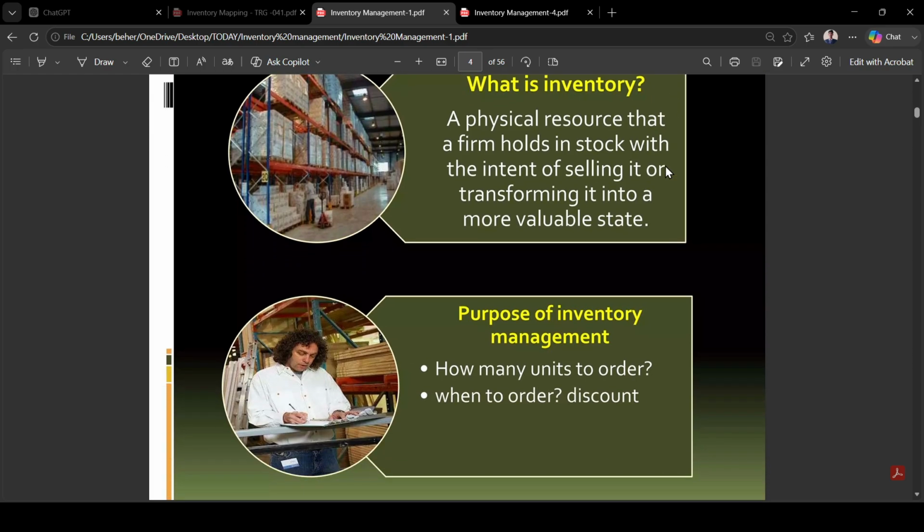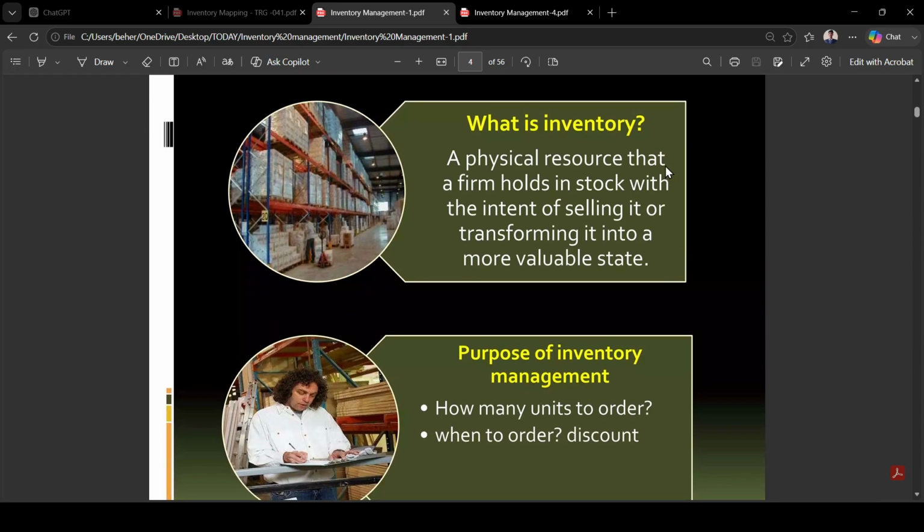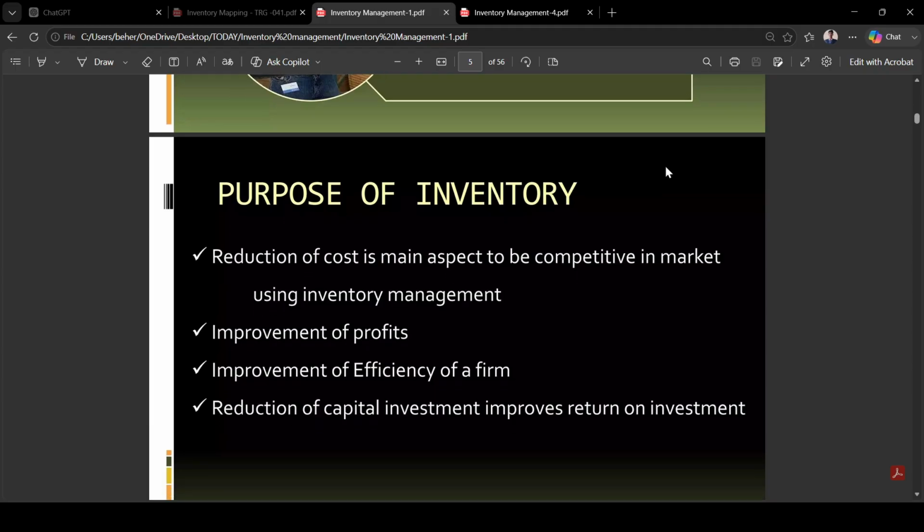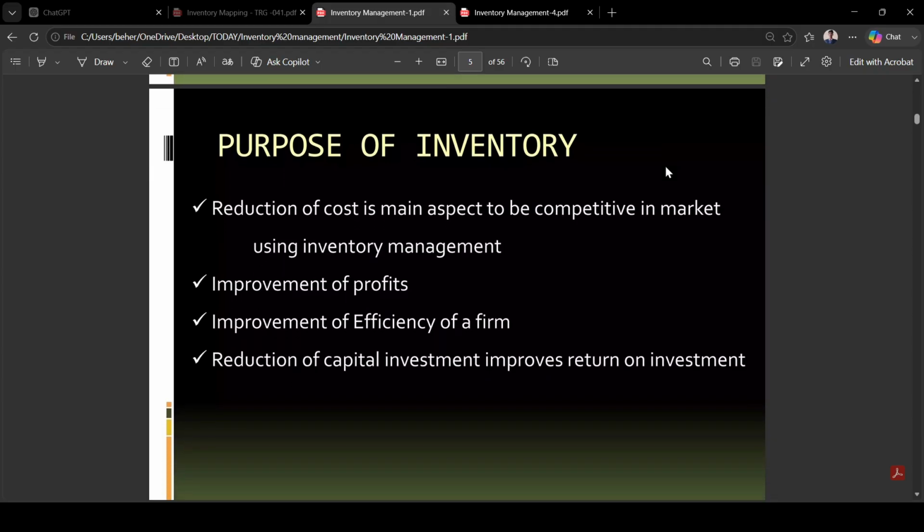The purpose of inventory management: how many units to order, when to order, and discounts. Reduction of cost is the main aspect to be competitive in the market. It also improves profits, improves the efficiency of a firm, reduces capital investment, and improves return on investment.